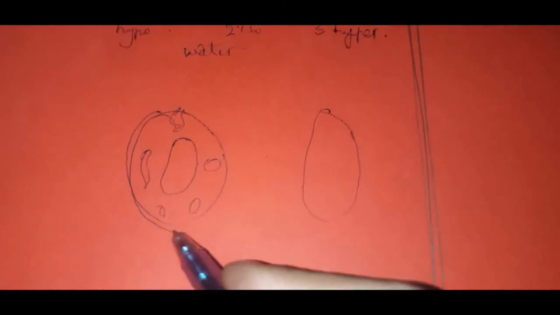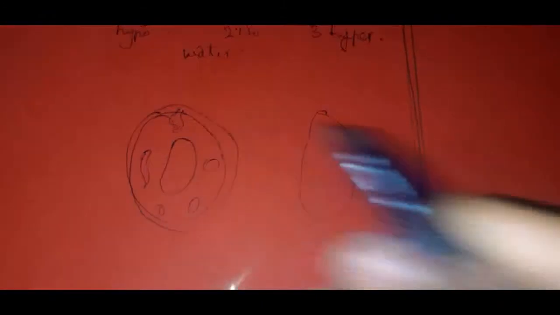Let's suppose this is a cell, and we know that cells have, if it is a plant cell, a big vacuole and different organelles, right? And if this is a plant cell, it will have a cell wall too.